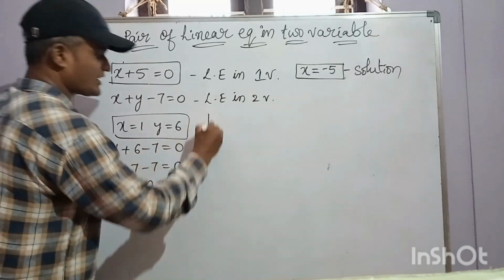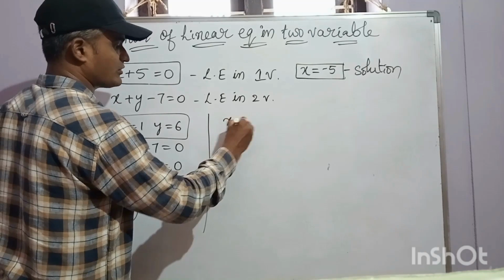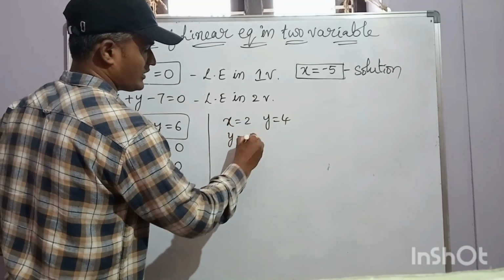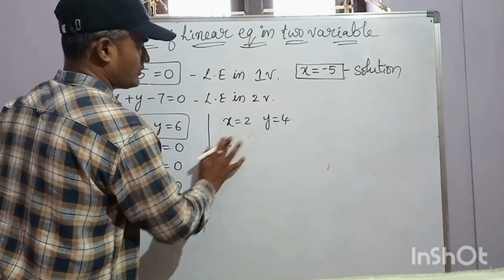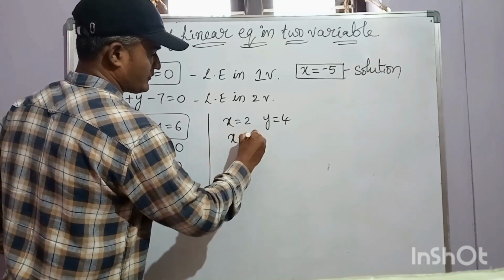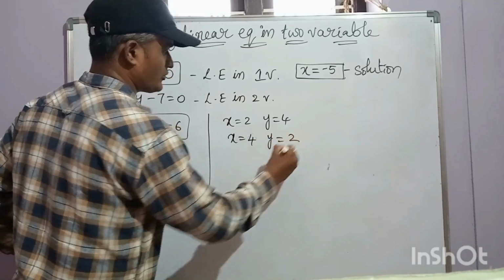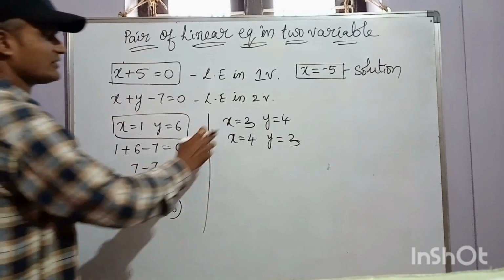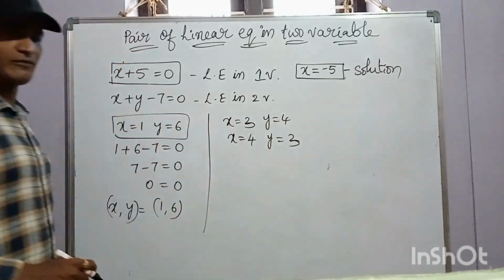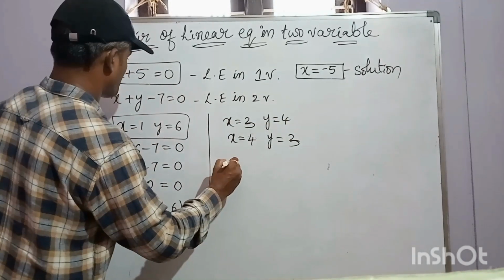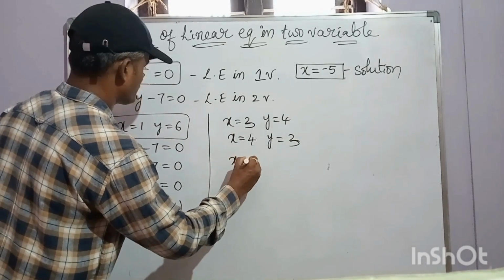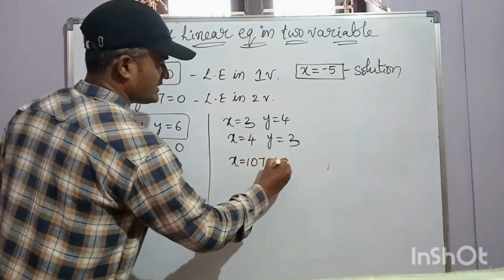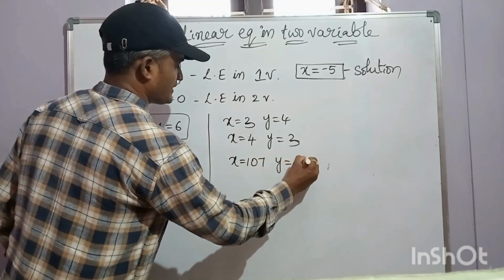But like this we can write so many numbers: x equal to 2, y equal to 5, x equal to 3, y equal to 4, x equal to 4, y equal to 3, and even you can take x is equal to 107, y is equal to minus 100.